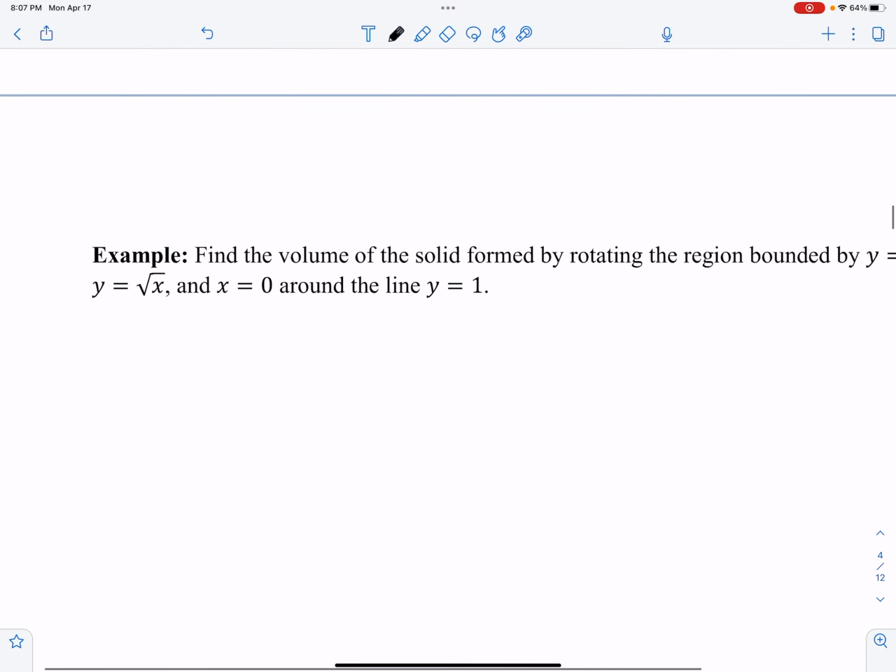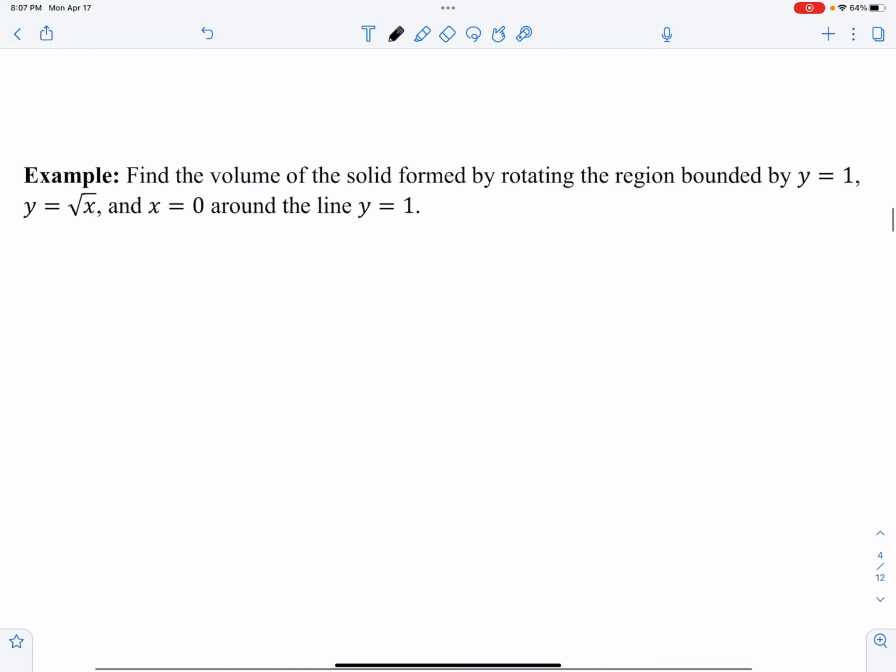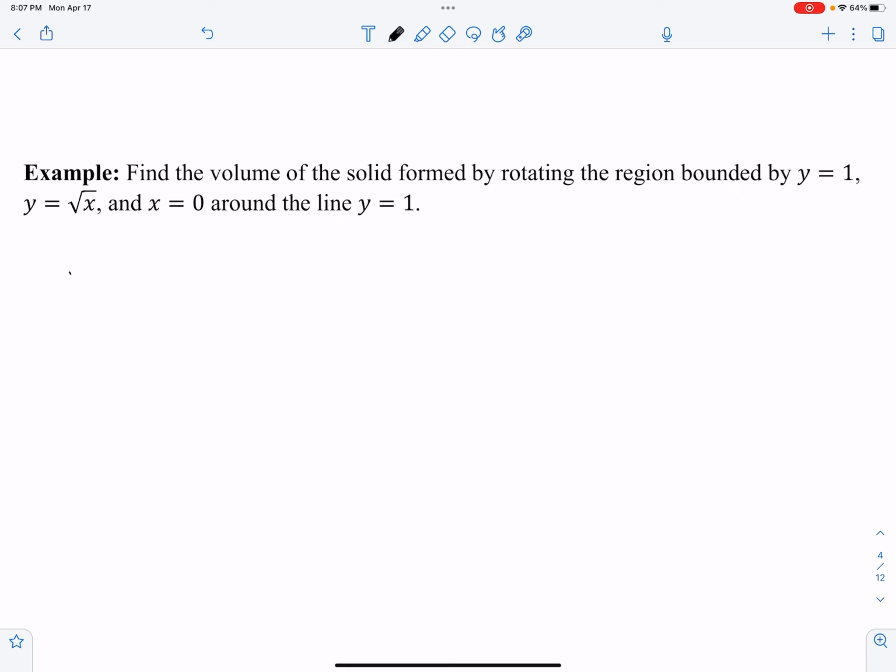So let's do another example. This is similar, nope, it's not the same region. Similar equations, I meant. But now we're looking at the region that is bounded by y equals 1. Okay, so let's say that this is y equals 1.